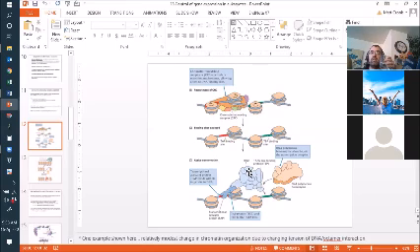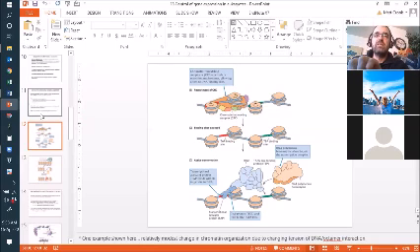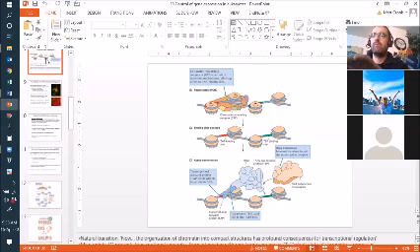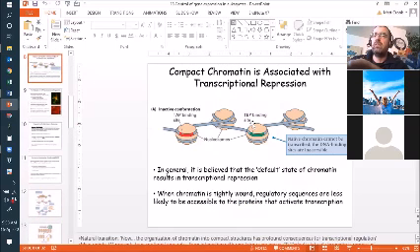In this case, it's the TATA box binding protein and transcriptional activator protein. For both of these, both of those binding sites are obscured by histones.